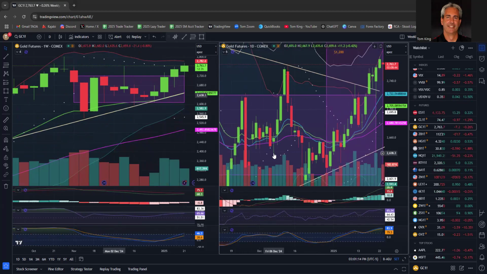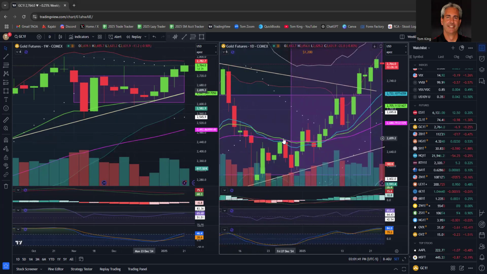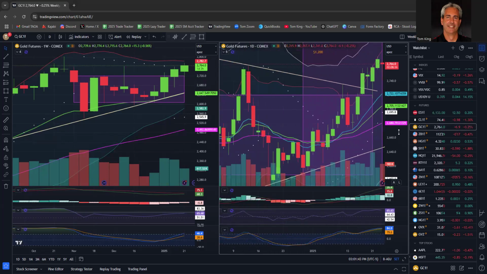Right in this spot here, where we had this pullback that bounced off of all of its moving averages and everything started moving its way higher. Here we had all the momentum. I put on the put credit spread and we came down, then we bounced and went higher. We still won on that particular trade.